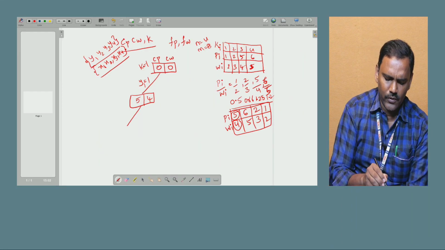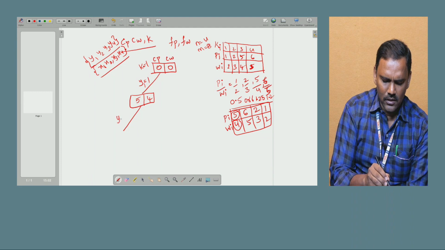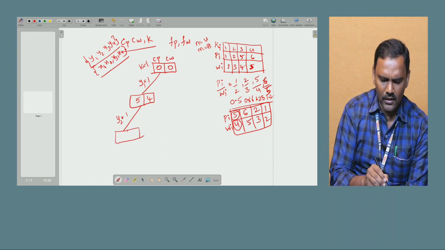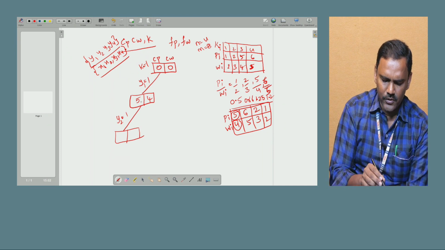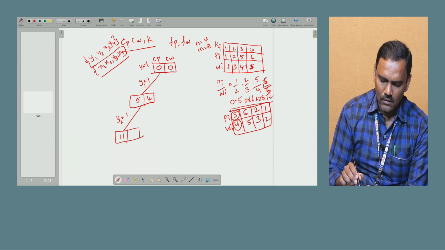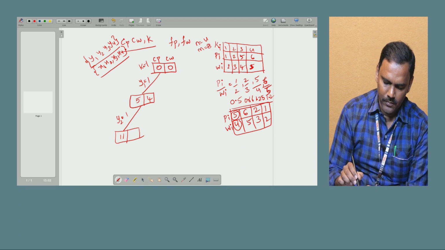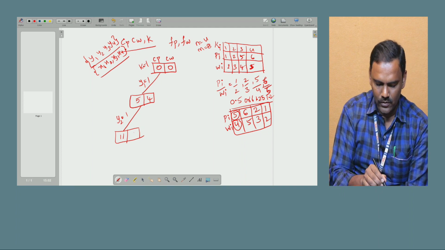And now again we consider Y equal to 1. Then if you calculate here, the profit is going to be 6. That means if you add 5 plus 6, it is going to be 11. Then 4 plus 5 equal to 9.